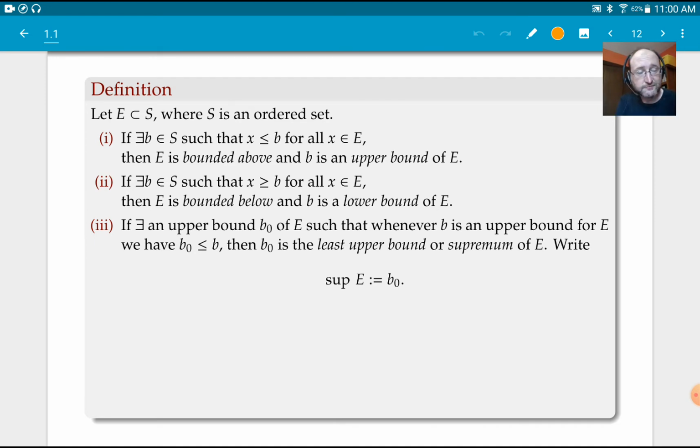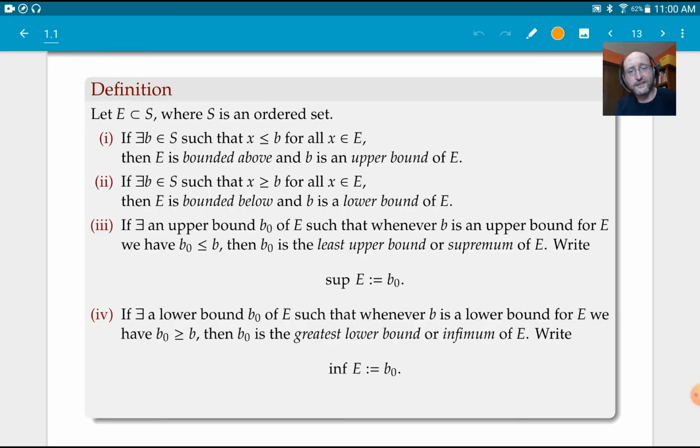This might not exist. But there could be an upper bound, let's call it B naught, such that any other upper bound B is bigger than or equal to B naught. So B naught is an upper bound, and any other upper bound is either equal to B naught or bigger. Then it's called the least upper bound, or the supremum, and we'll write it as sup E. It doesn't always have to exist.